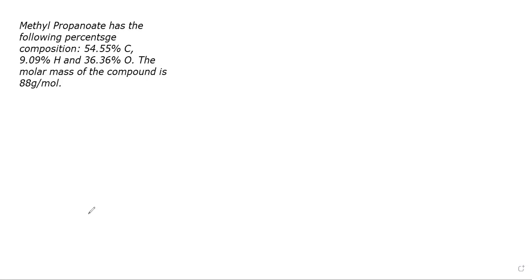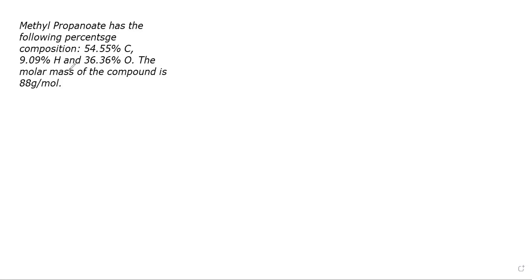So here they say define the term empirical formula. You know that it's the simplest whole number ratio of the elements present in a compound. So next we need to determine the empirical formula. What is the first thing we realize? If we add all these percentages, they add up to 100%.